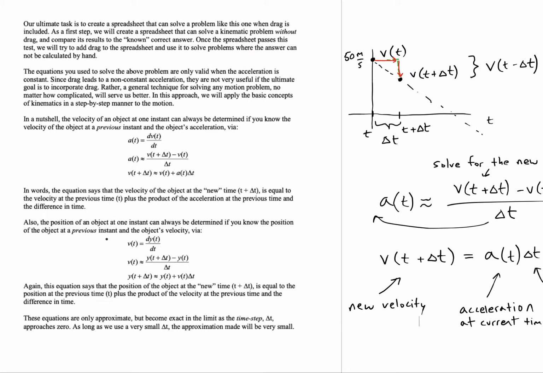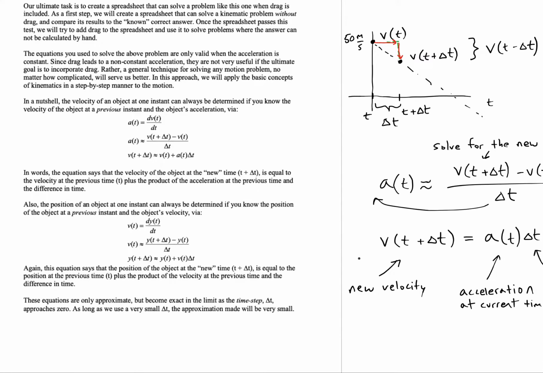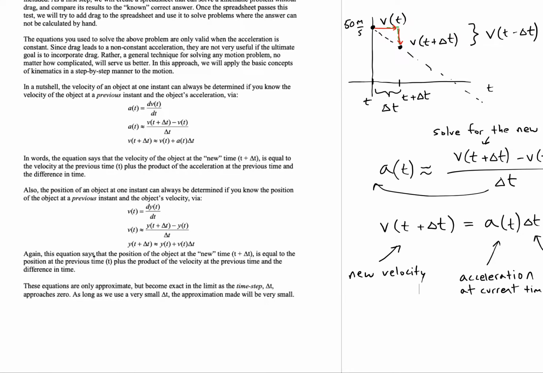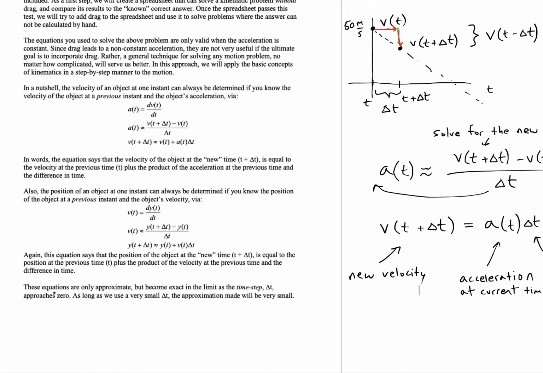And then they do a similar thing here with the position. We know that velocity is the derivative of position with time, so the same principle holds. It says here that these equations are only approximations.